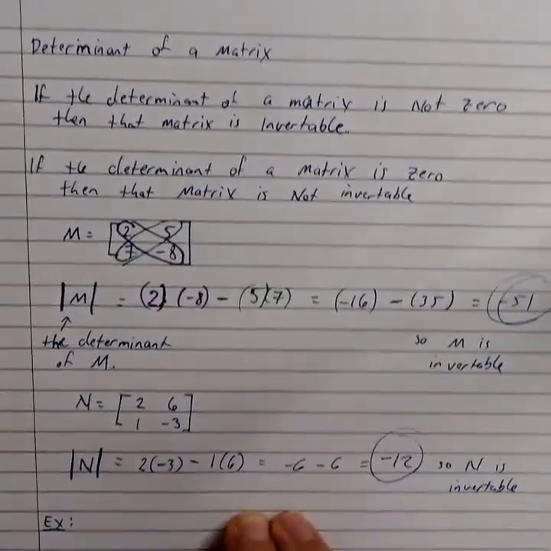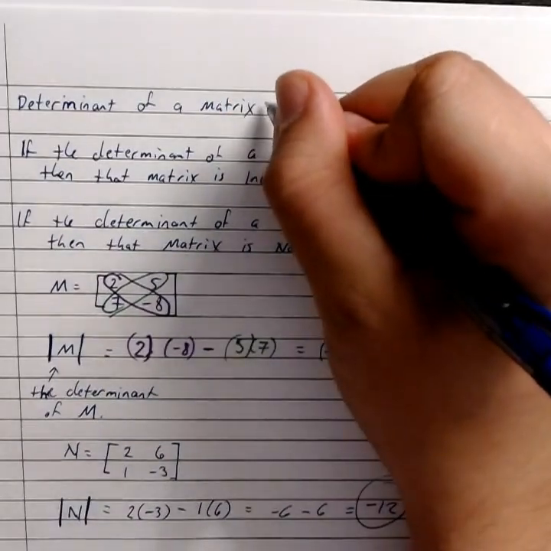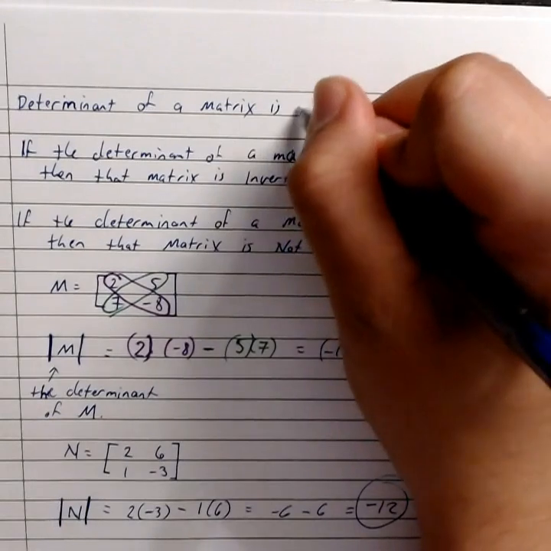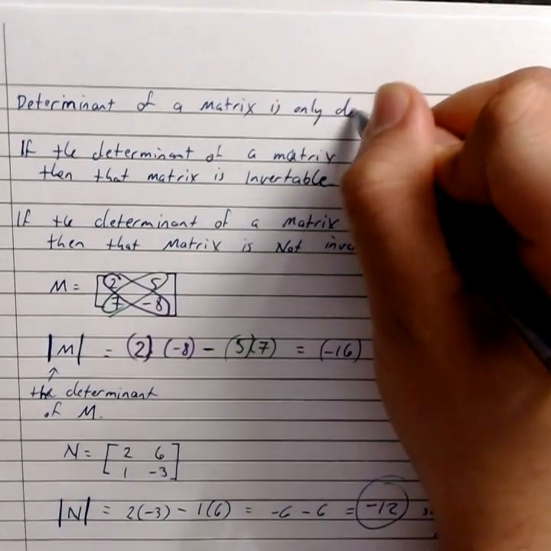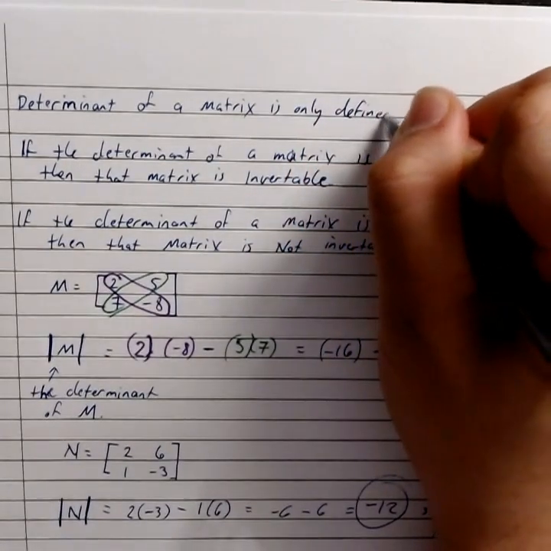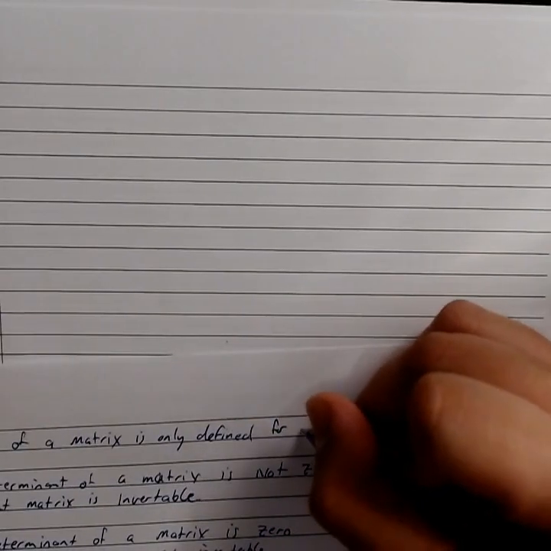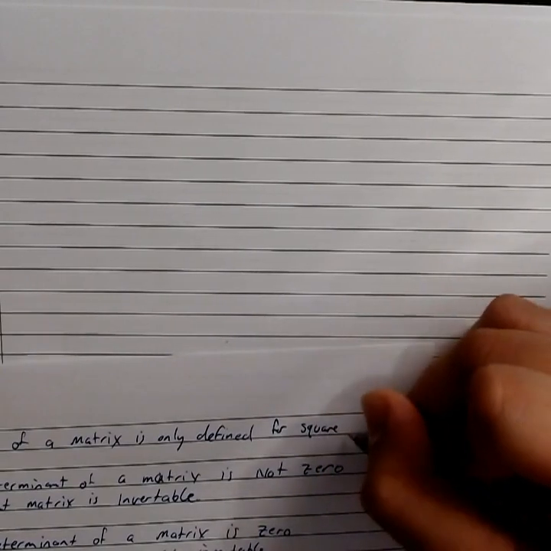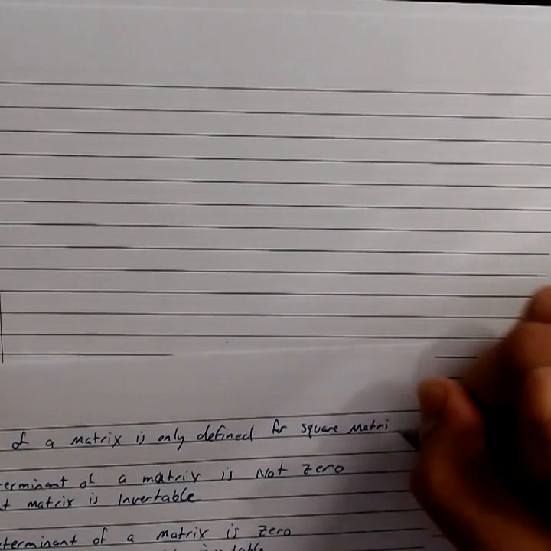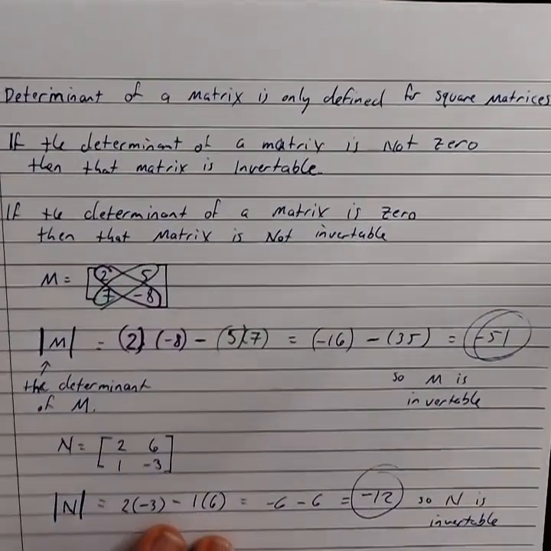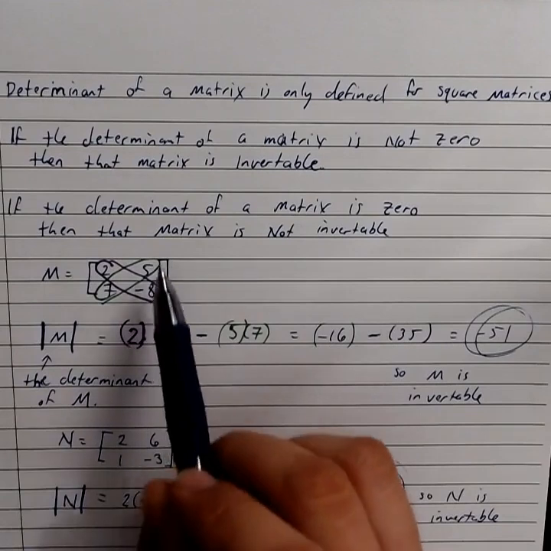I guess I should mention that too. The determinant of a matrix, I wrote that up here and I never finished the thought. The determinant of a matrix is only defined for square matrices. When we say a square matrix, we mean a matrix whose dimensions make it a square, meaning it has the same number of rows as columns.